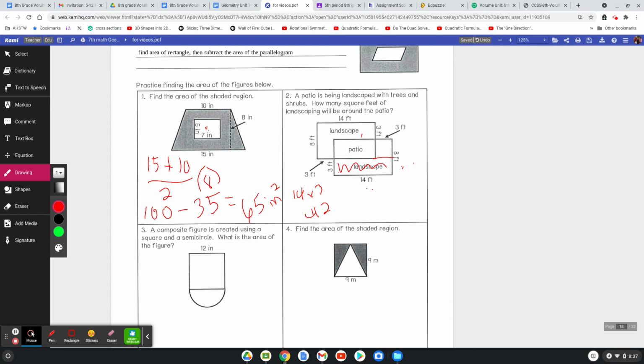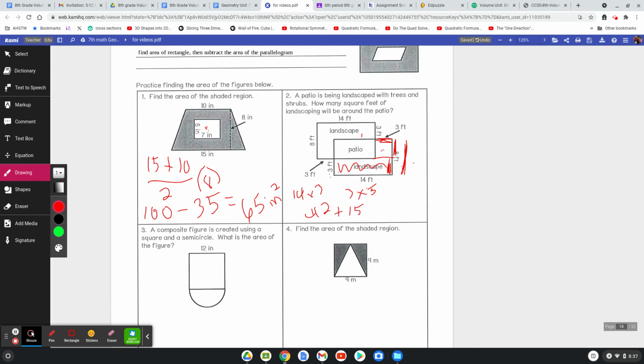Okay, and then I need this little spot, and that would be 3 by, now it looks like it would be 3, but if the whole thing is 8, and this part is 3 because of this side, then I still have 5 left over here. That's why you never go by the drawings. So I have 3 by 5, which is 15.